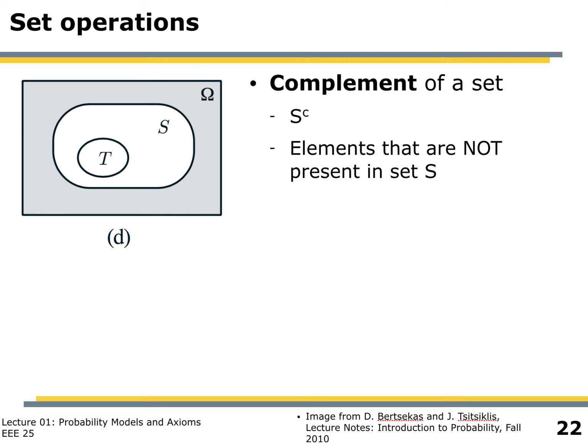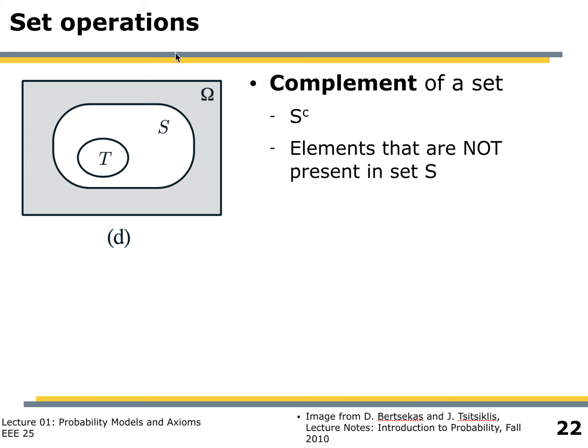Complements. So the complement of a set is denoted as the set that we are referring to followed by a superscript C. In some textbooks, you have a prime or apostrophe symbol, but for this class, we're going to use the superscript C to denote the complement of a set. And when we are talking about the complement of a set, then we are referring to elements that are not present in that set.